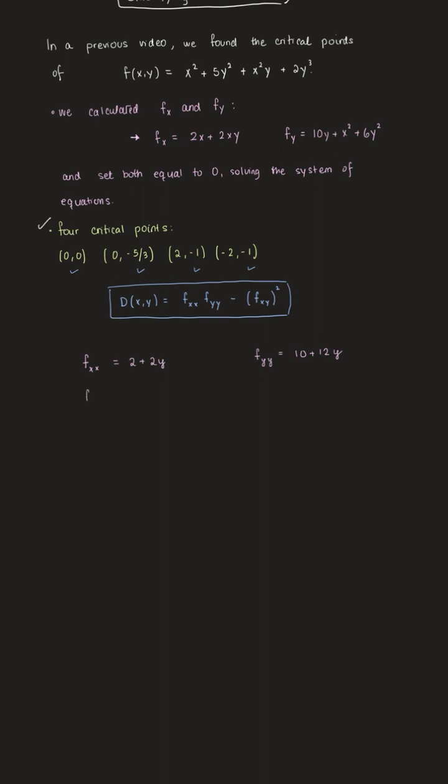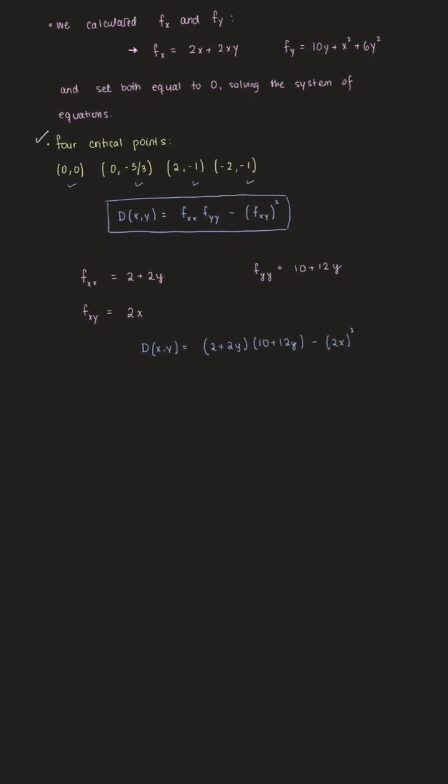And our mixed partial, I'm going to differentiate the first derivative with respect to x, but now with respect to y, and that will be 2x. So our expression for the discriminant for any point will be 2 plus 2y times 10 plus 12y minus 2x squared. I am not going to simplify that.